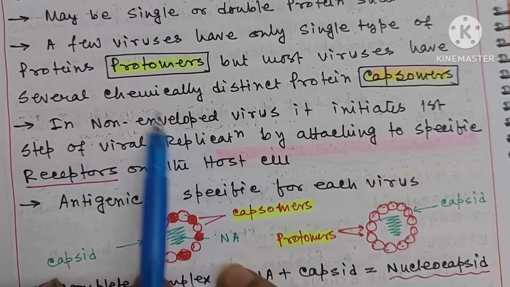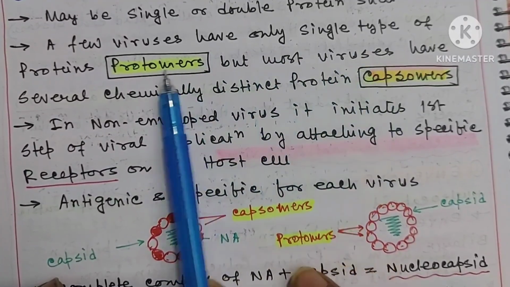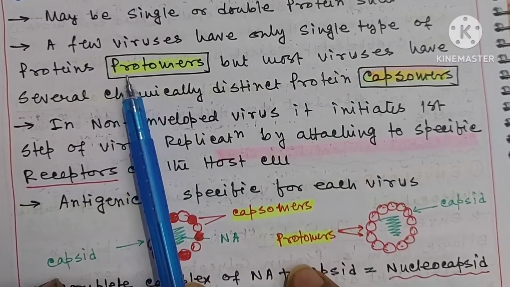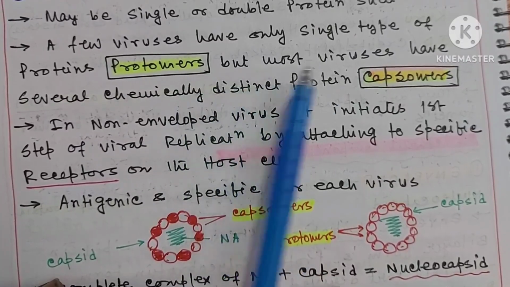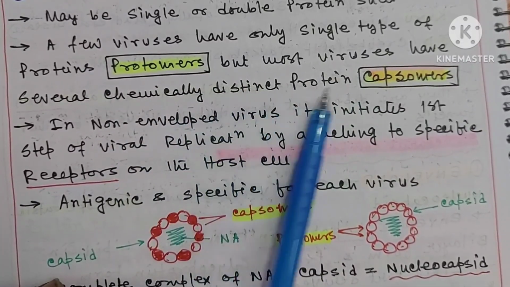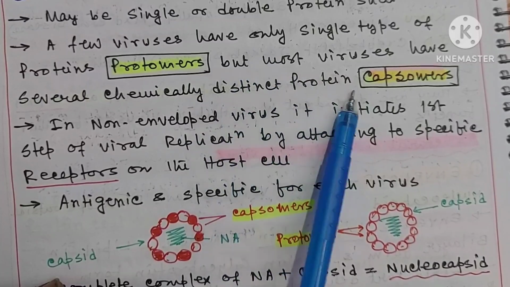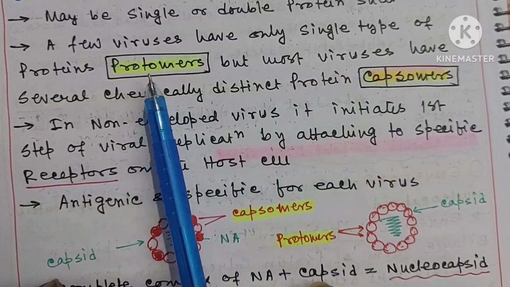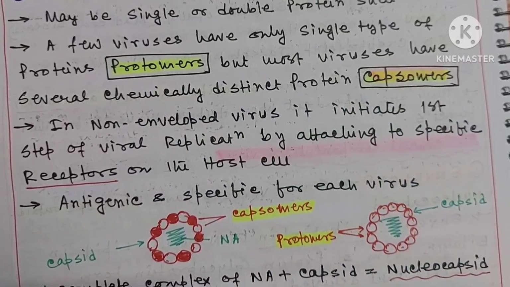A few viruses have only a single type of protein in the capsid, and these proteins are called protomers, but most viruses have several chemically distinct proteins which form their capsid, and they are known as capsomers. This is the difference between protomers and capsomers.